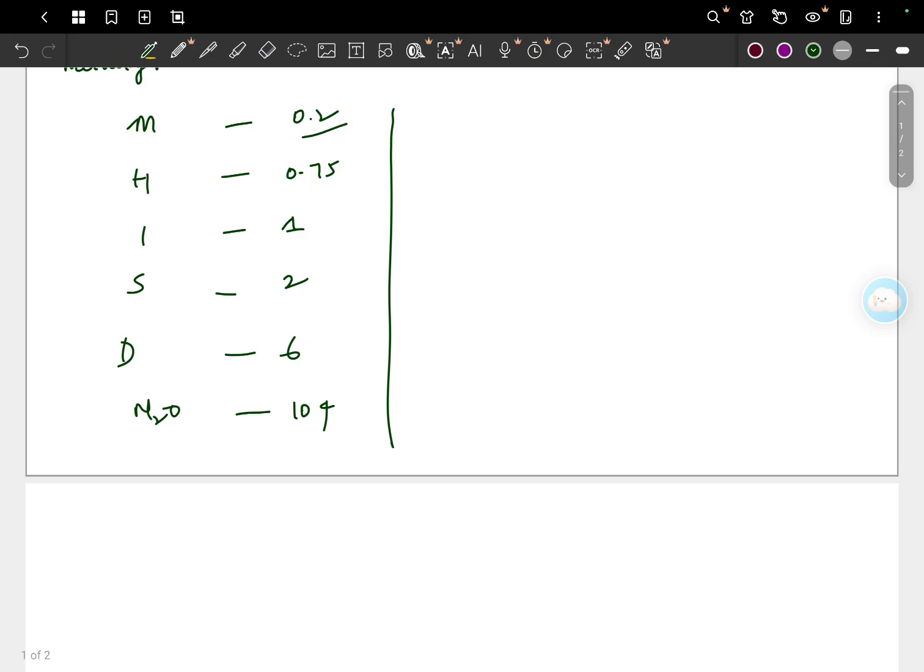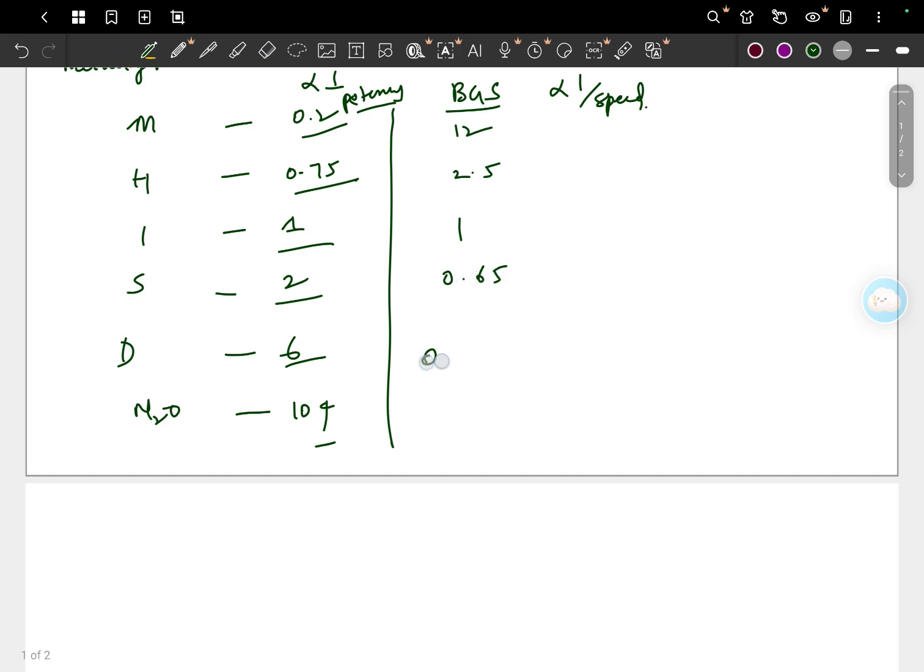Blood gas solubility is inversely proportional to speed, and proportional to 1 by potency. Here you will have 12, 2.5, 1, 0.65, 0.45 and 0.47. These are all similar and these three will be similar. This is how you can remember easily.